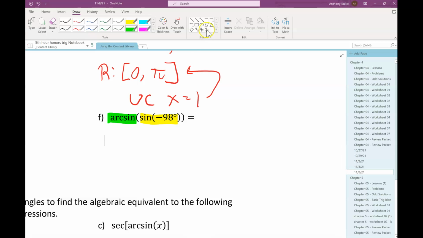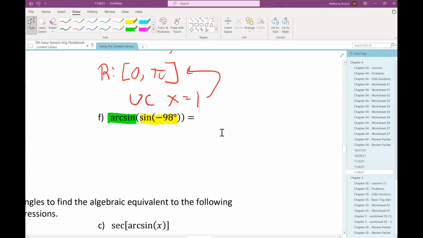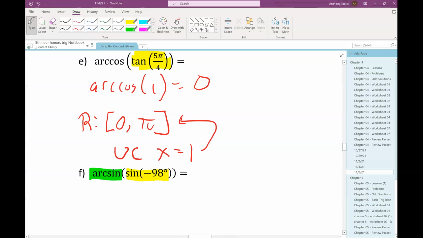So really the easiest thing to do here, Mackenzie, is I noticed that negative 98 is not a unit circle value or unit circle angle. So I'm just going to go to my calculator and take care of this. It says to give our answer in radians, so that's the only place I really need to be careful about.